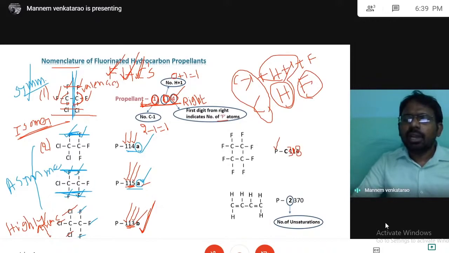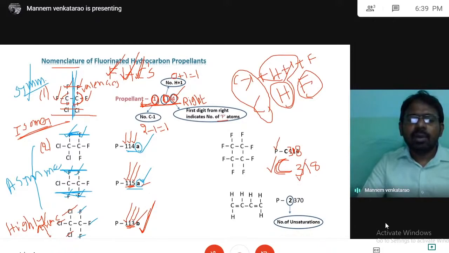Propellant 318. Number of fluorines 8. Number of hydrogens 0. 0 plus 1, 1. Number of carbons 4. 4 minus 1, 3. 318. But it is a cyclic compound. How can you represent that it is a cyclic compound? That is denoted with the letter C. Cyclic compounds can be denoted with the letter C followed by the number.